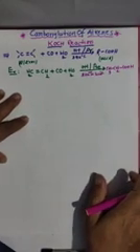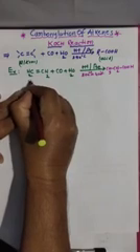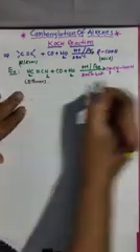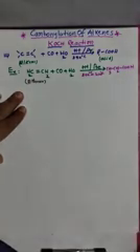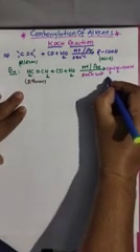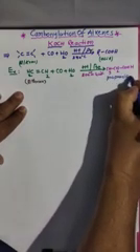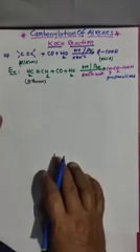CH3 CH2 COOH means, when we take ethene, you are getting propane-1-oic acid, what we call propanoic acid.